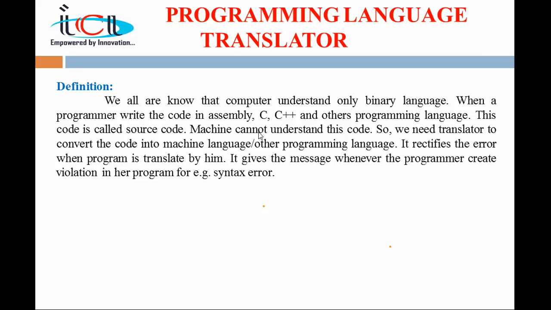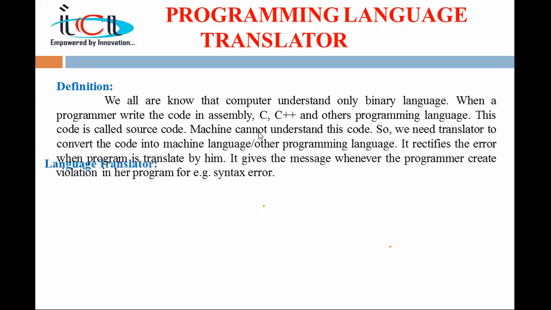For example, when we do not follow the syntax of the programming language, the programmer creates a violation in the program, and the language translator gives an error like a syntax error.